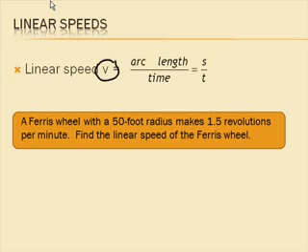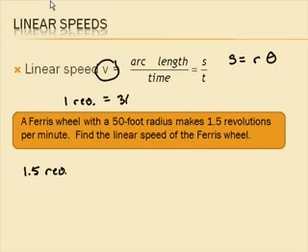remember we said that the length of an arc is equal to the radius times the angle, but that angle has to be in what measure? Has to be in radians. So we take our 1.5 revolutions and we've got to see how many radians that is. Well, let's write this out again. 1 revolution is equivalent to 360 degrees, which is equivalent to 2 pi radians.